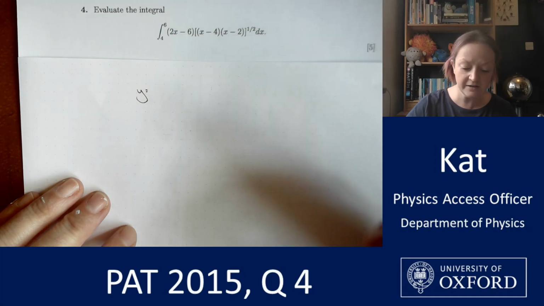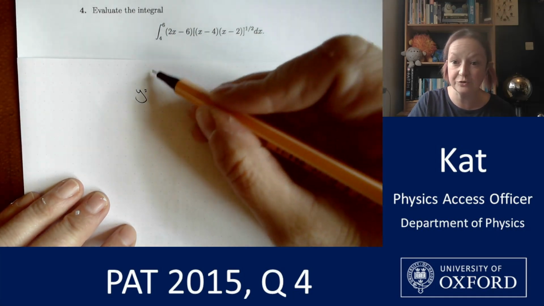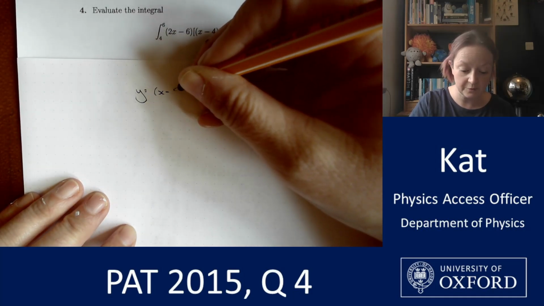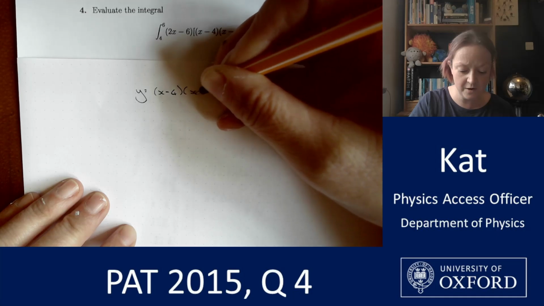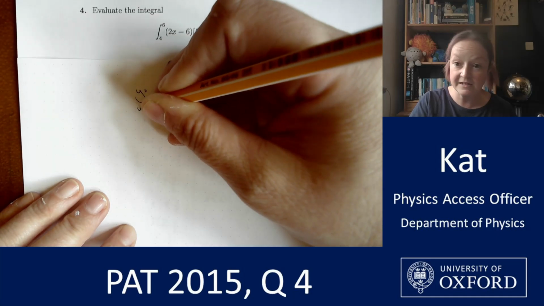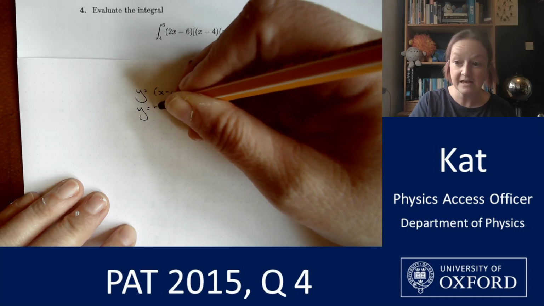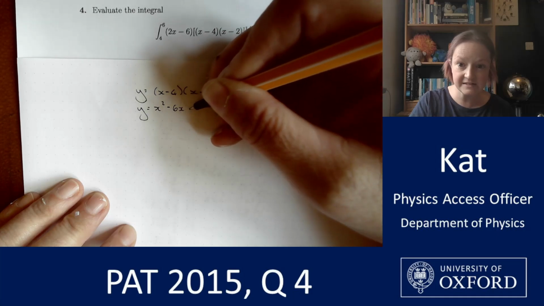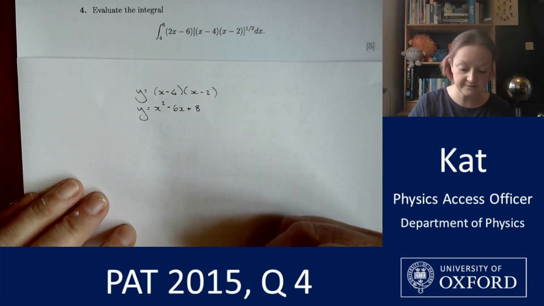So if I allow y to equal these second two brackets, the (x minus 4)(x minus 2), and if I multiply out those brackets, I come to y equals x squared minus 6x plus 8.